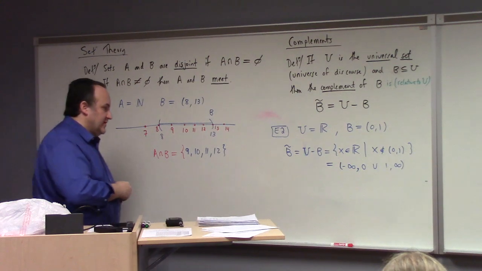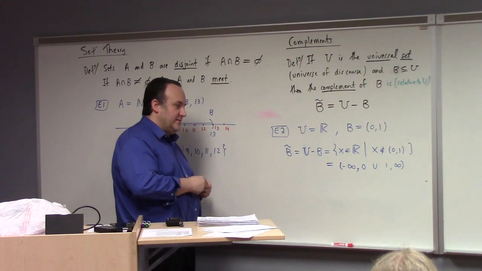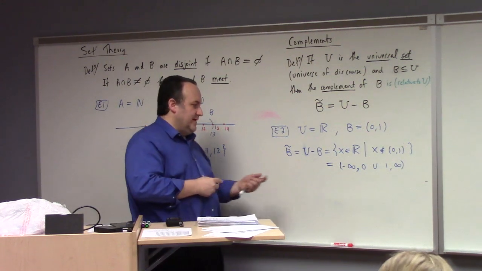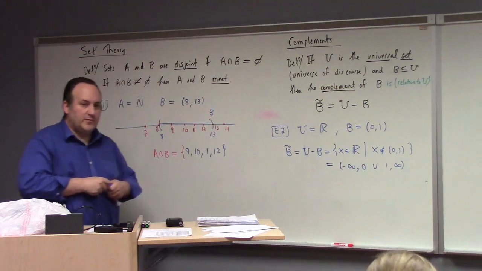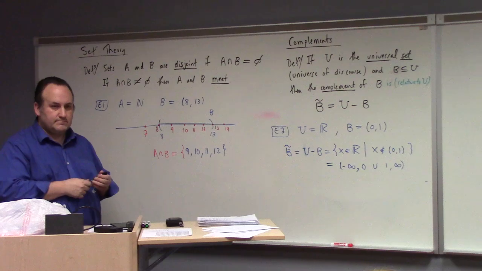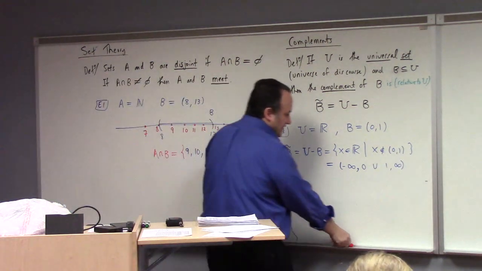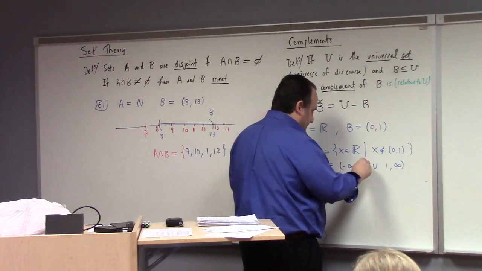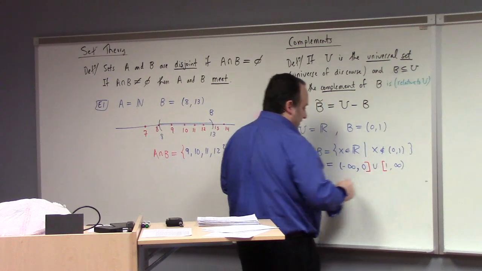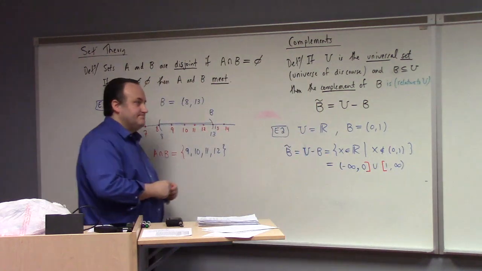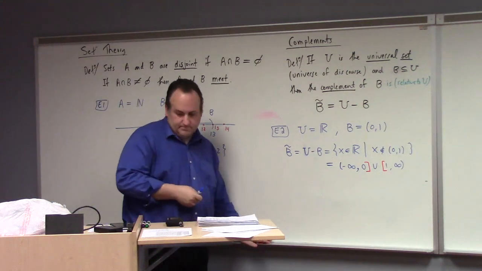There is something called the extended real line where you can adjoin infinity to the real numbers, but that's not what we're doing. So how about the 0 and the 1? Do I need a square bracket there, or an open bracket? Square bracket, right? Because neither 0 nor 1 is in the open interval from 0 to 1, so they must be in the complement.